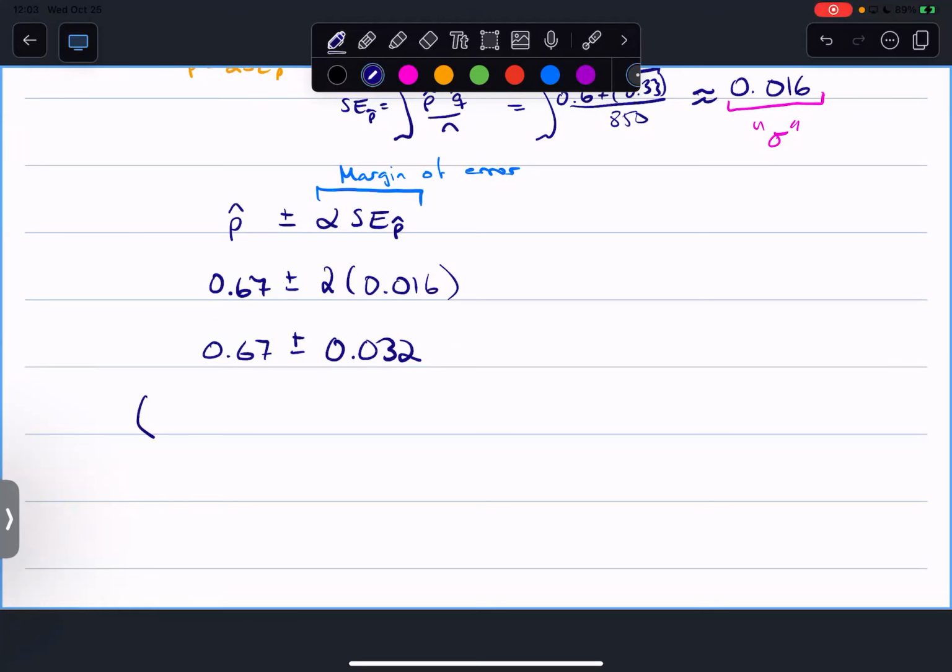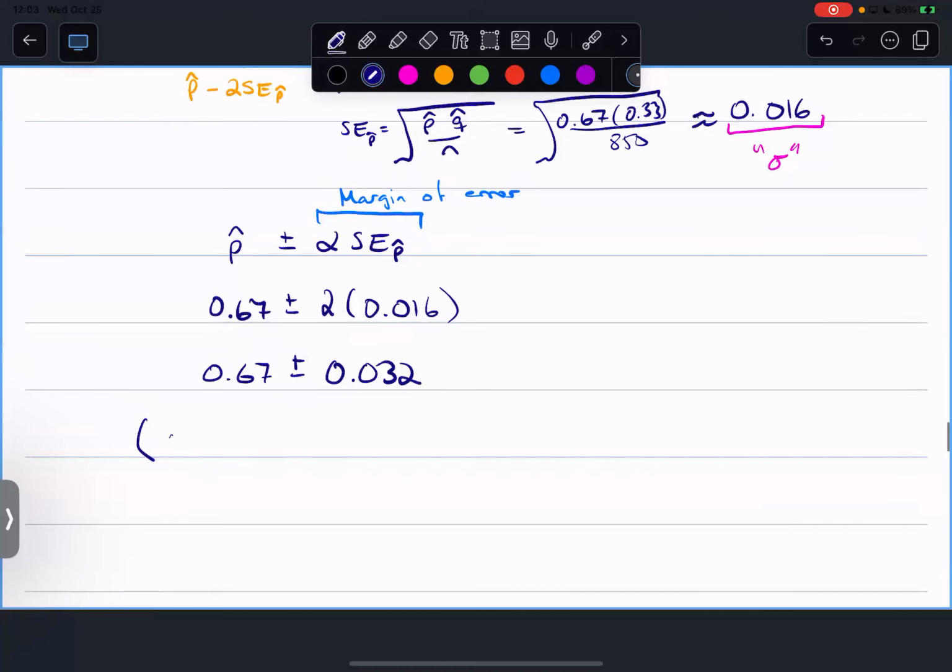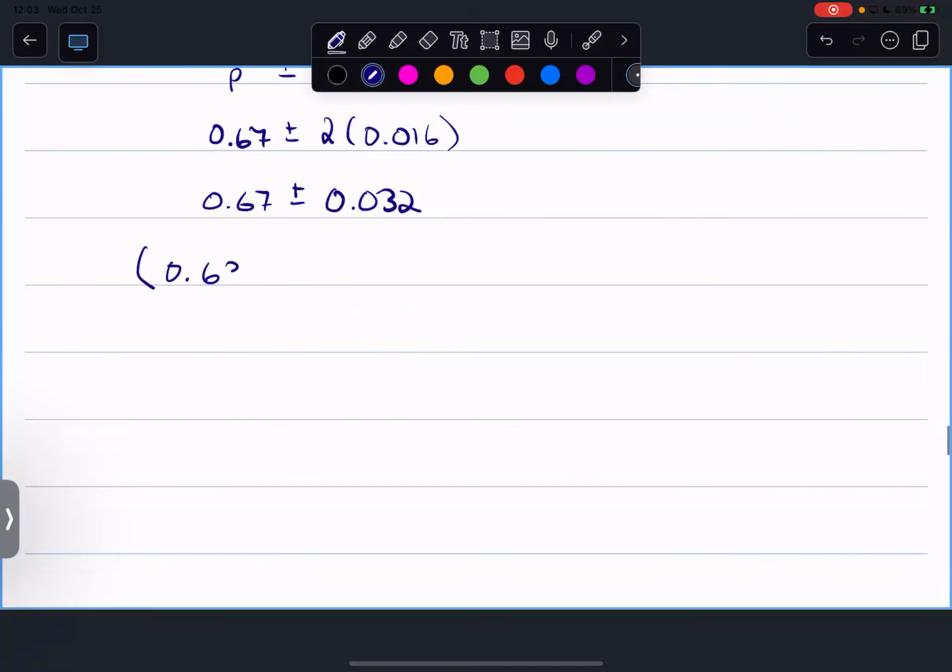So 0.67 minus 0.032 puts me at 0.638, comma, up to 0.67 plus 0.032, which is 0.702, end bracket. You must write from smallest to largest.